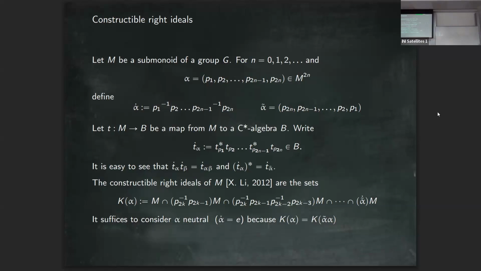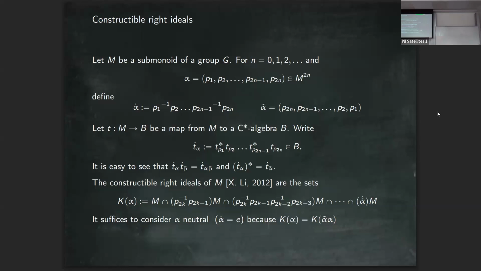And if you have any map into a C-star algebra, you form a similar product where instead of inverses, you alternate with stars. So start with a star on the left and end with a non-star on the right. And those T dot alphas are typical elements of your Toeplitz algebra. And it's easy to see that multiplication corresponds to concatenation and adjoining corresponds to reversal.